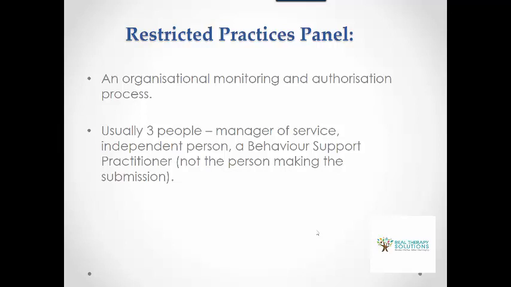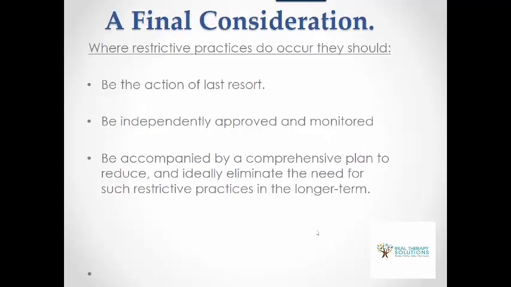The restricted practice panel is usually three people: a manager of a service, an independent person, and a behaviour support practitioner, and they decide whether it's okay for the staff to implement those strategies. They're not really going, yes, you can do that. They're saying, look, we can't see any other thing that you can do to manage the risk associated with this. They're looking to make sure there's a behaviour support plan in place, that the strategies are clinically viable. So they're reviewing that behaviour support plan to a degree.